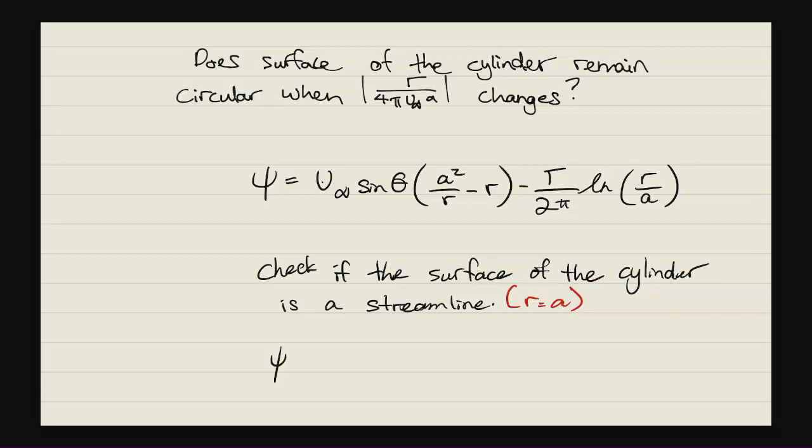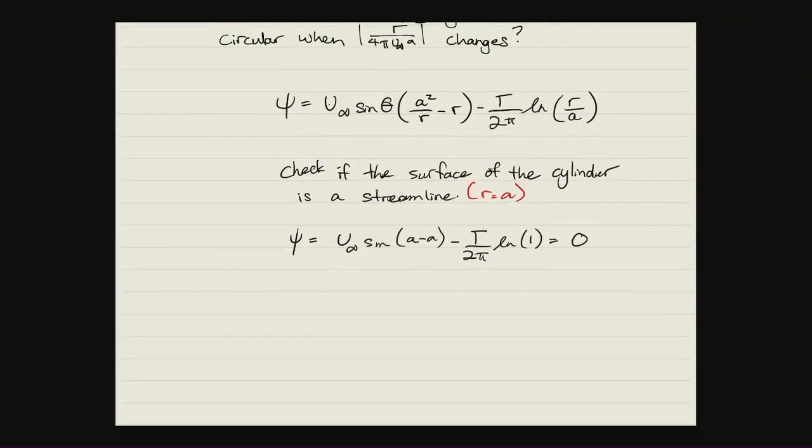So if I substitute r equals a, I'm going to get u infinity sine a minus gamma over 2 pi ln 1. You know that ln 1 is just equal to 0, so psi is equal to 0. So psi is a streamline, it's a constant.